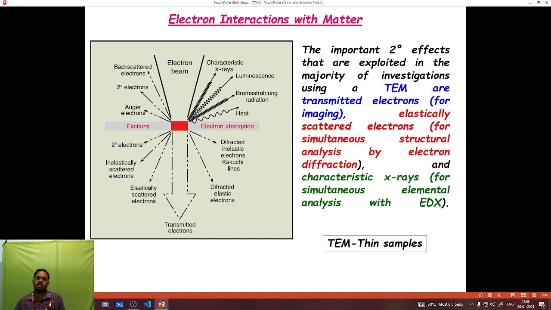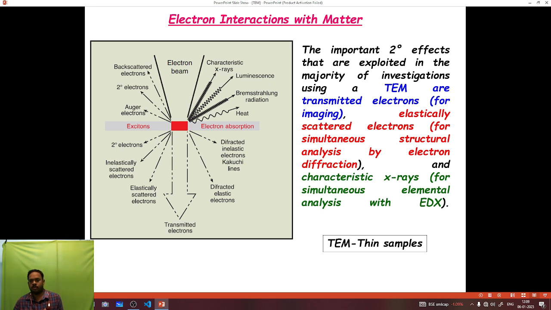After interacting with the sample, some of the electrons will be transmitted without getting disturbed. These are the main sources for the production of images in transmission electron microscopy. The other two important electrons are inelastically scattered electrons and elastically scattered electrons. We will see one by one what their key role is in obtaining information about the sample.